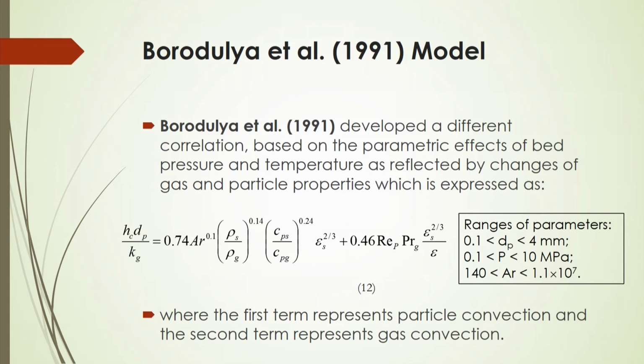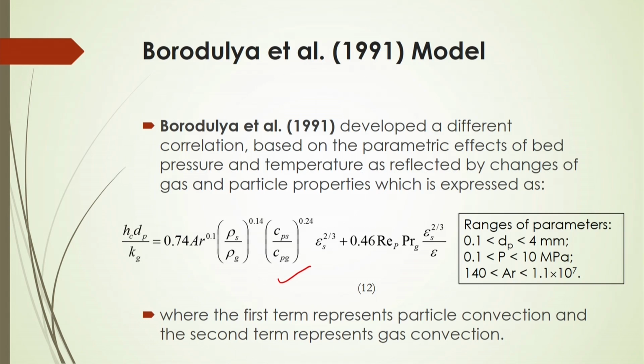Whereas Borodulya et al. in 1991 developed different correlations based on the parametric effect of bed pressure and temperature, which is reflected by changes of gas and particle properties. What is very important is that they considered the temperature and pressure, which may affect the physical properties of the particles and gas, and based on this they developed another empirical correlation, represented by equation number 12.